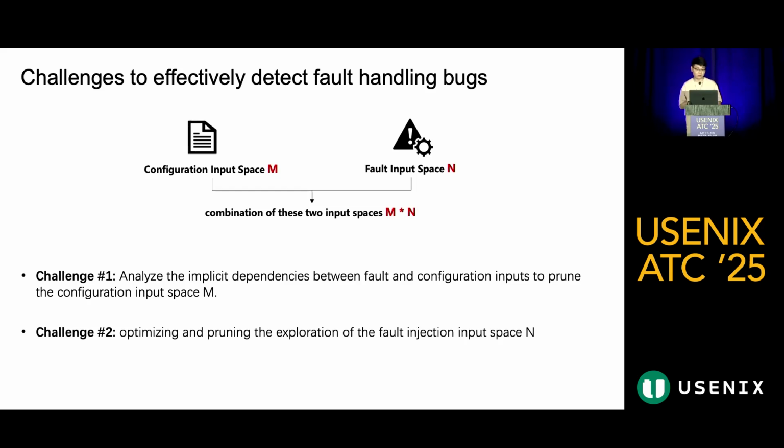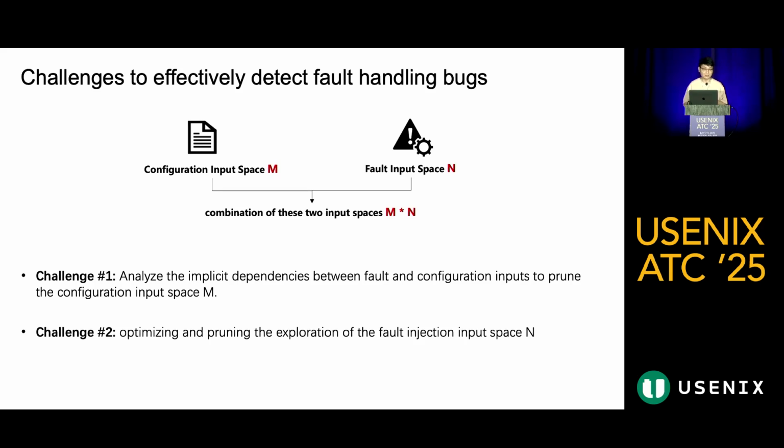Since the combination of these two input spaces is huge, there are two main challenges to effectively detect fault handling bugs hidden in distributed systems. The first challenge is figuring out how to automatically analyze the hidden dependencies between fault inputs and configuration settings, so we can narrow down the configuration input space.